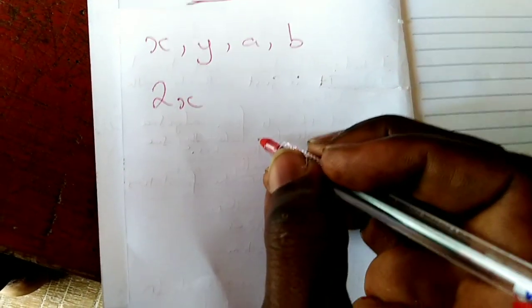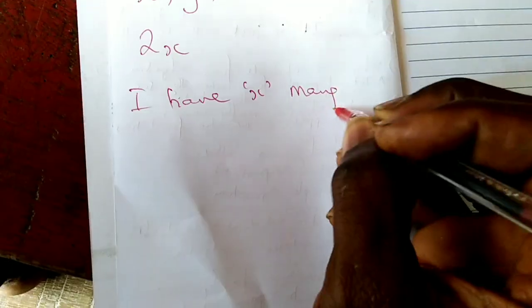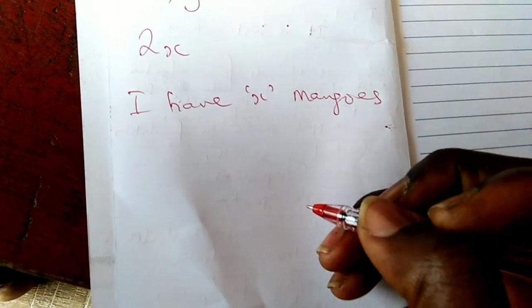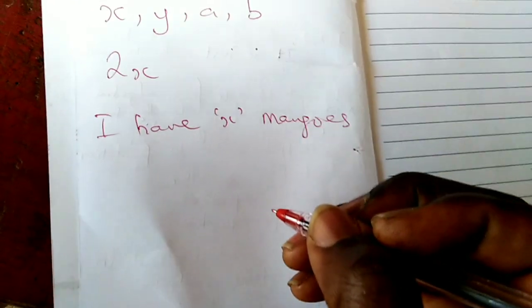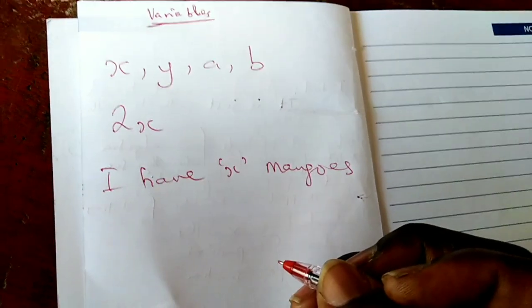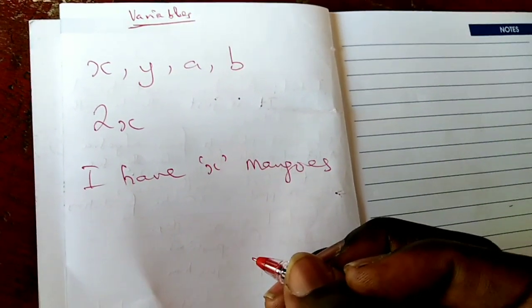And if I say I have X mangoes, what does this mean? This means that I don't know the exact number of mangoes yet. So this is just the simple meaning of variable.